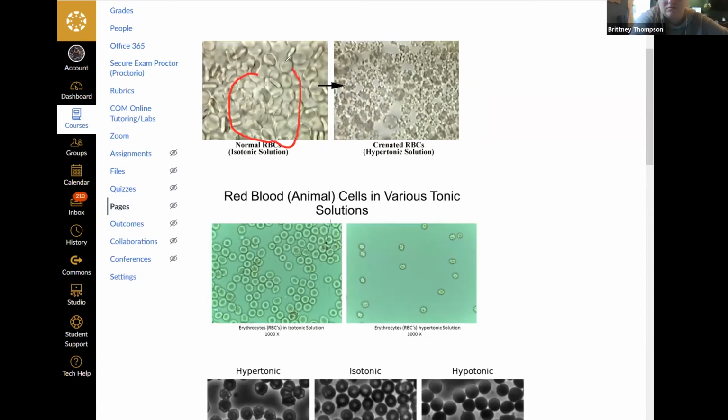Urea. What do we expect the cells to look like in urea? What happened in urea? Hemolysis. Yeah, hemolysis. So this is not hemolysis.